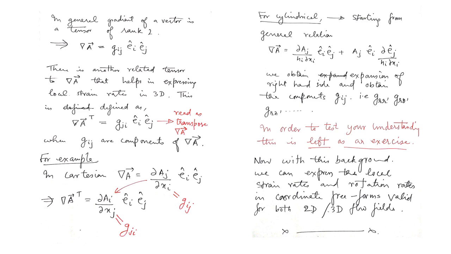But once those ideas are there, they are good enough, and now we need a tool where I can directly jump onto my 3D flow situation, and express it in any coordinate system. Whatever my coordinate system is, my physics should be retained. So I need an expression for local strain rate and rotation rates so that coordinate free forms are there and they apply to both 2D and 3D.